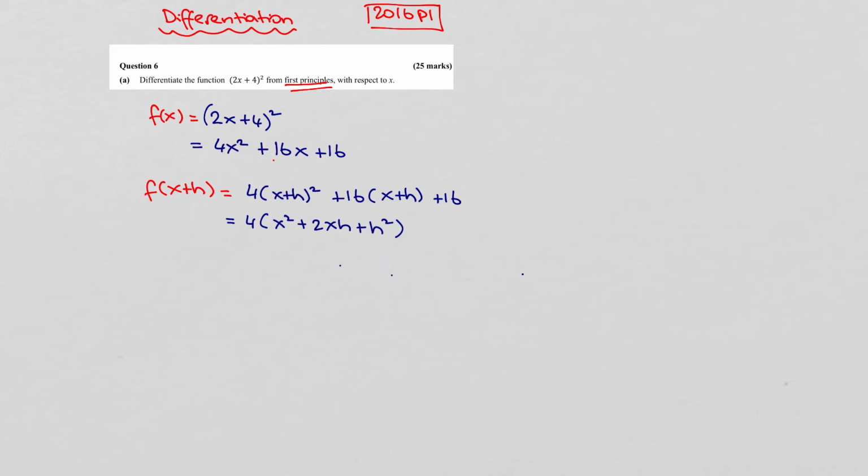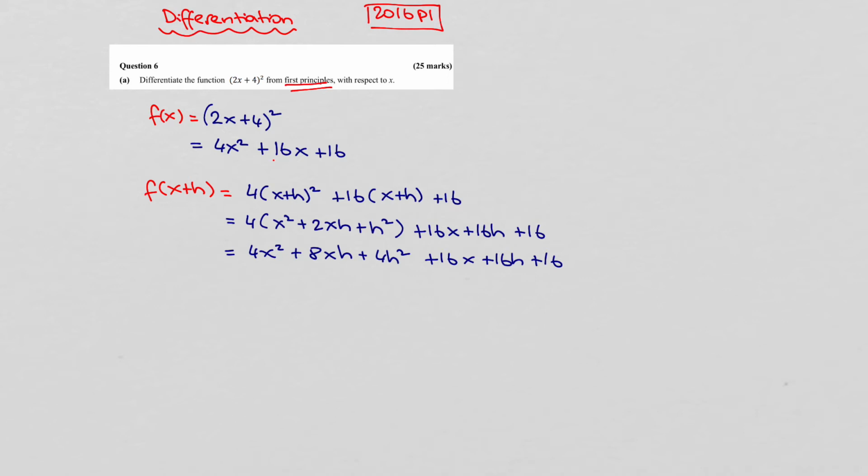I have 16 by (x + h), which gives me 16x + 16h + 16. Multiplying out my brackets, I have 4x squared + 8xh + 4h squared + 16x + 16h + 16. I have no terms there that I can add, so I'm ready to move on to the next step.